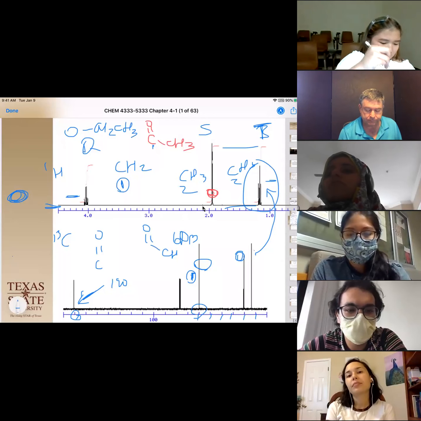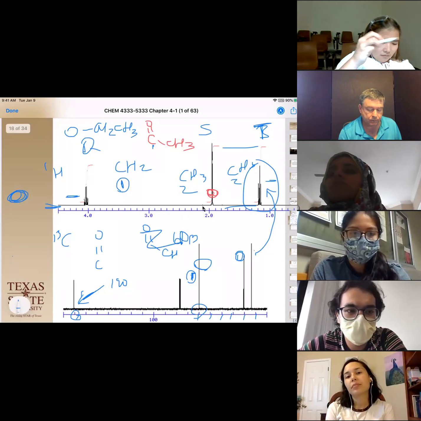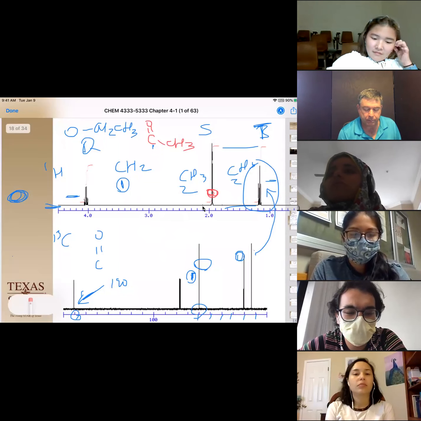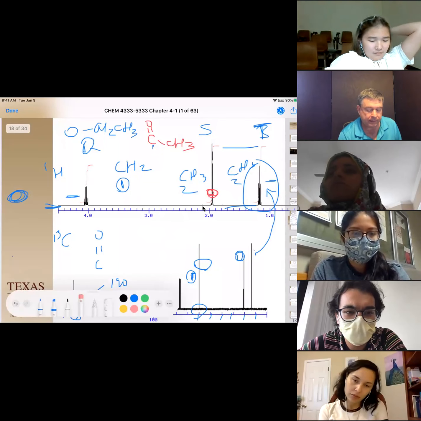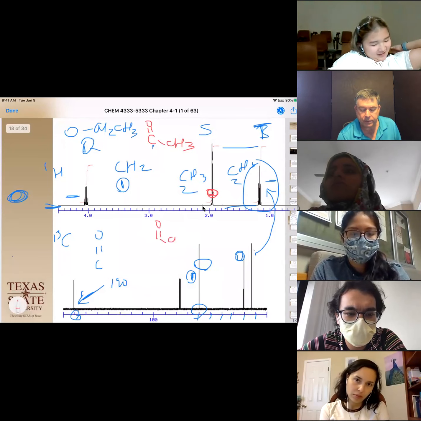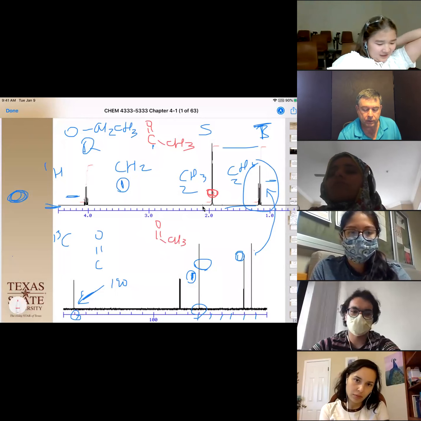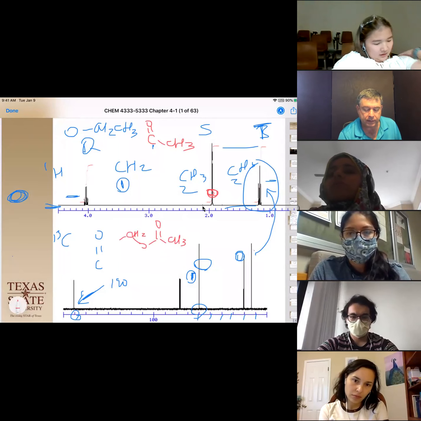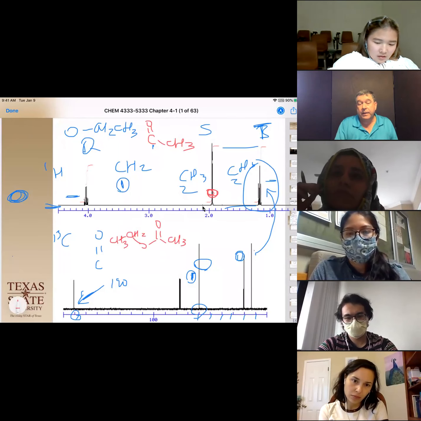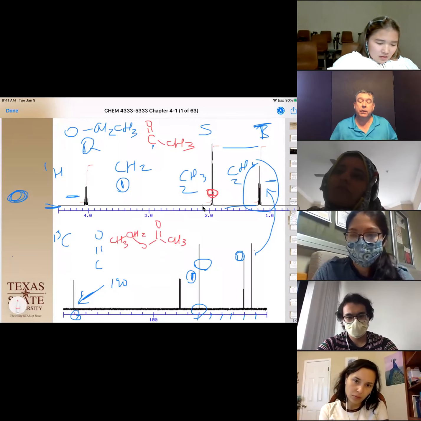Oops, sorry. There we go. So I think our compound, based on everything we see here, is ethyl acetate, which is a carbonyl with CH3, O, CH2, and CH3. Now that we have the structure, let's double check with a carbon NMR.